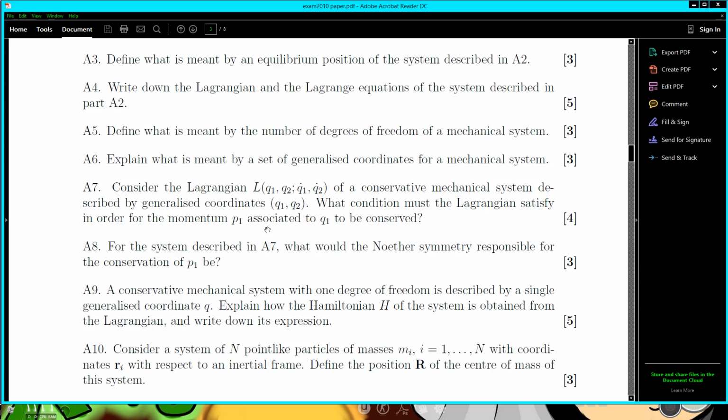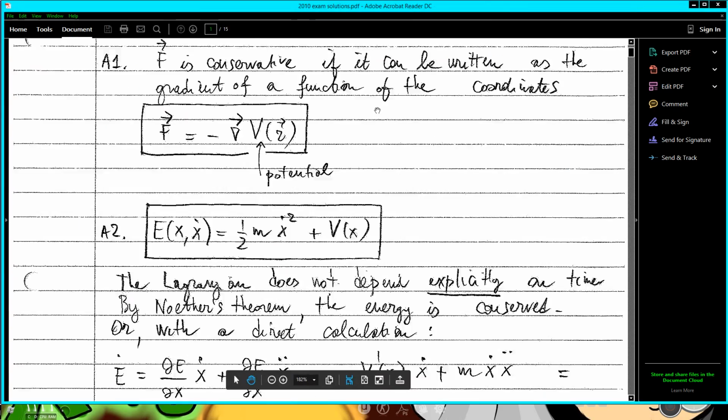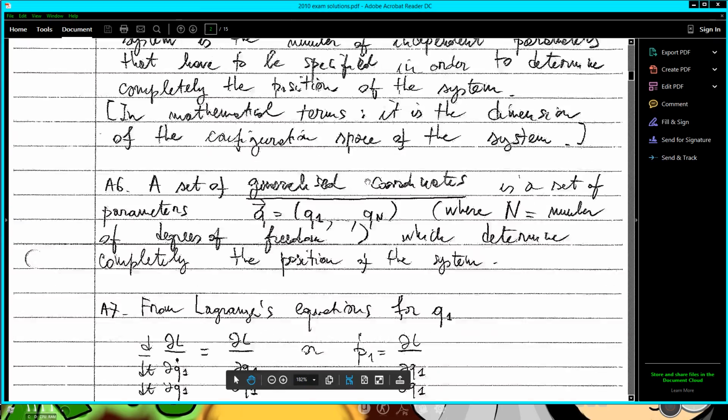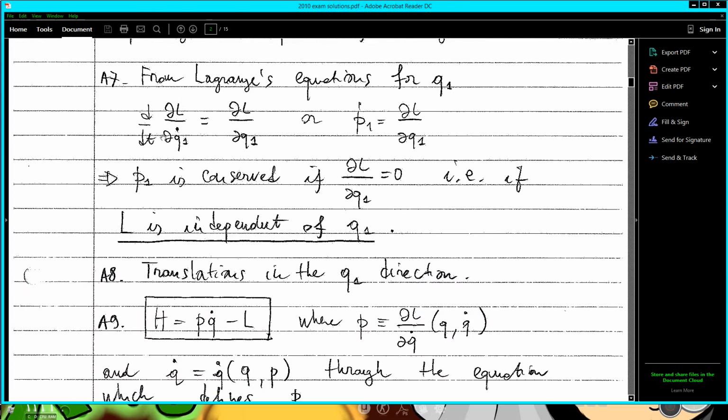Essentially, for us to prove that the momentum associated to Q1 is conserved, we just have to prove that the Lagrangian is independent of Q1 in this case. Let me whip out the exam solutions, and show you very clearly how to do that. We use the Euler-Lagrange equations themselves, the equations of motion.